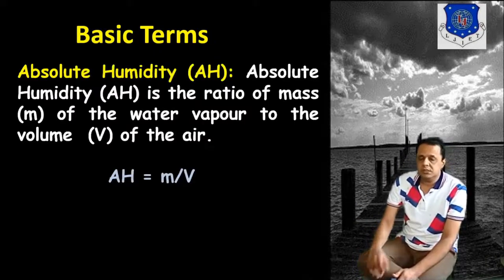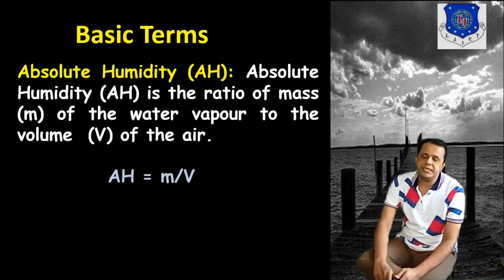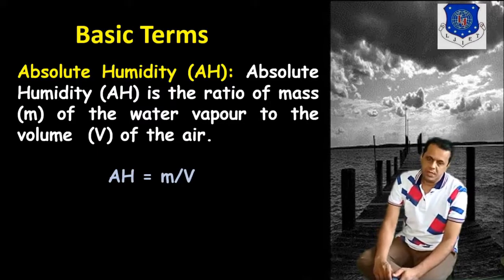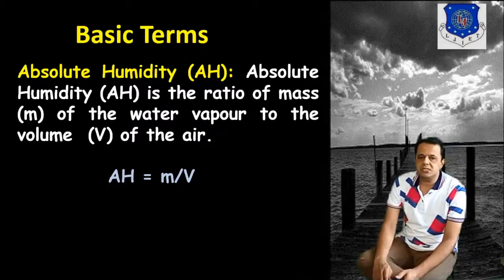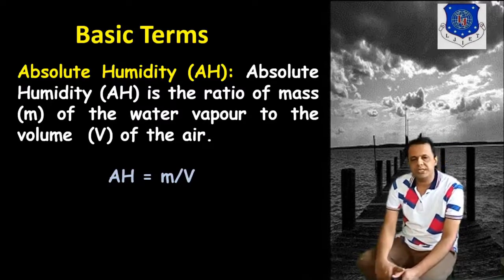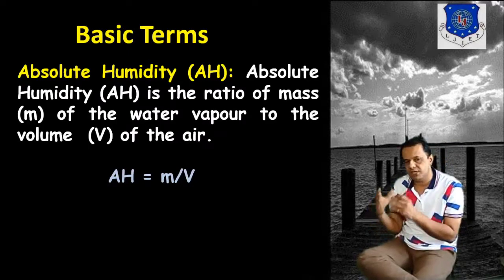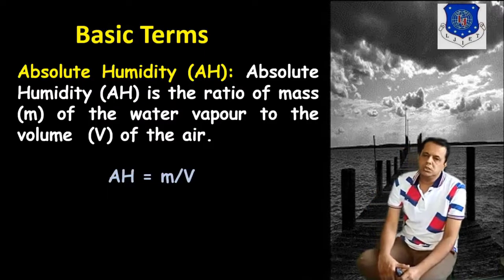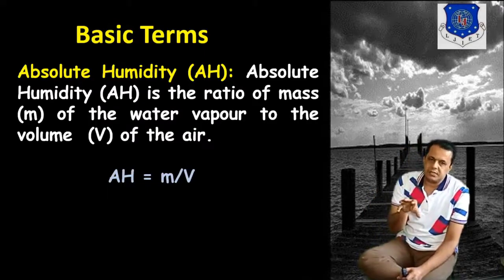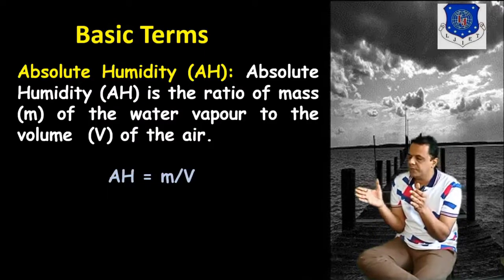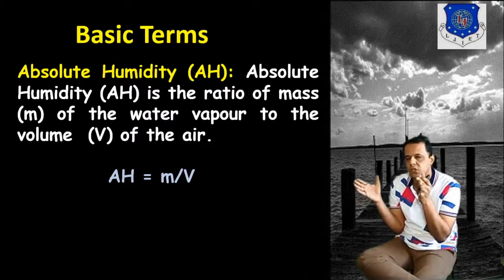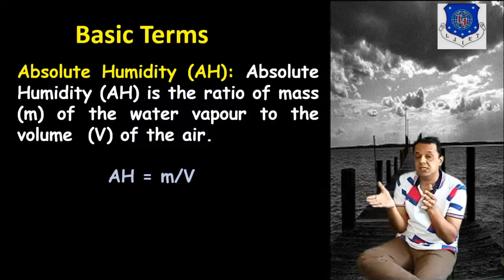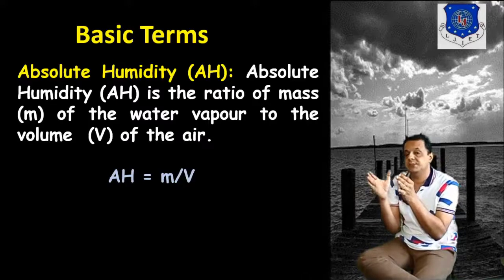Next comes a very important term, that is absolute humidity. Absolute humidity is specifically the ratio of the mass of water vapor to the volume of the air. So if you take a particular volume of air, what is the amount of water vapor in terms of mass?